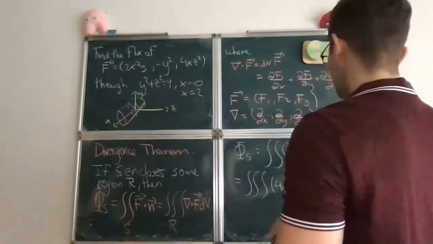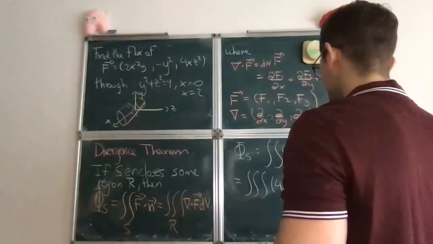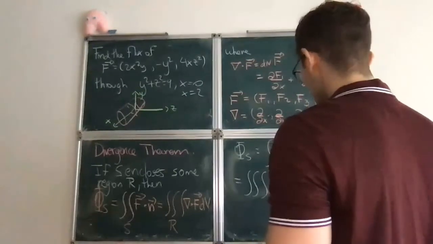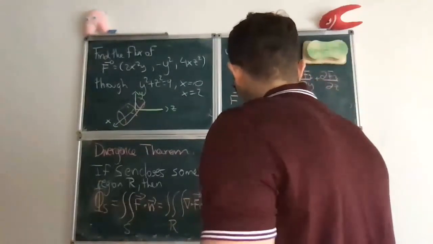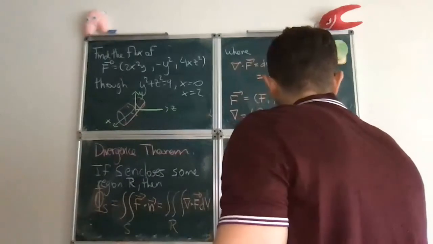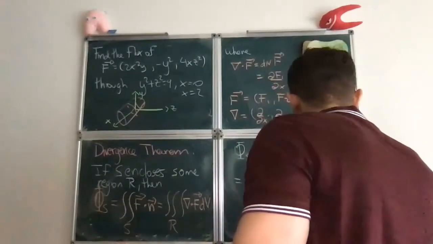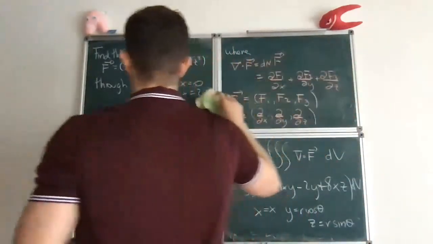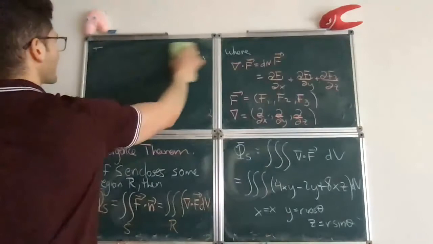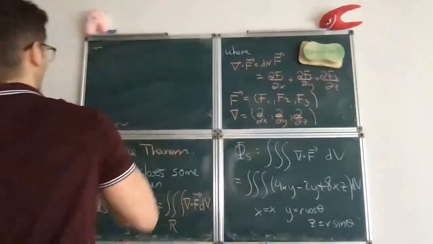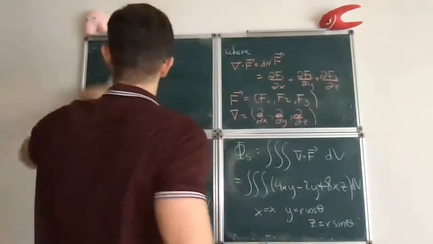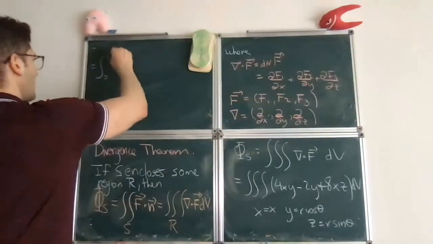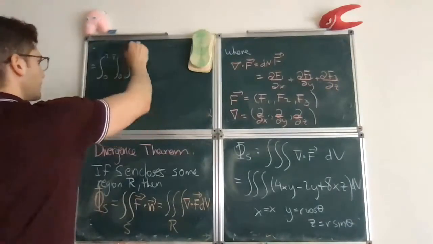And in order to do this triple integral, if you like, you can use cylindrical coordinates, the same as before, with x being x, y being r cosine of theta, and z being r sine of theta. Now notice that this is a triple integral, so the bounds go like this: 0 to 2 pi, 0 to 3, 0 to 2.